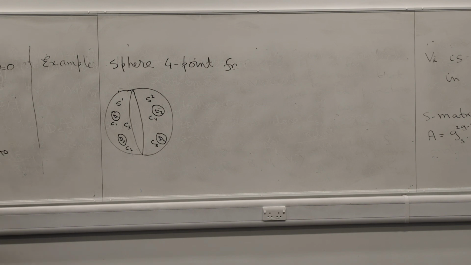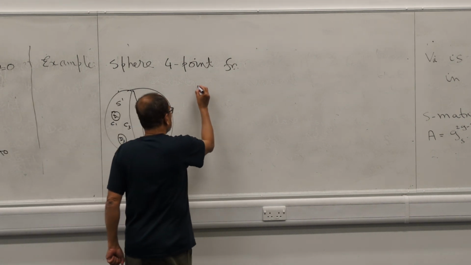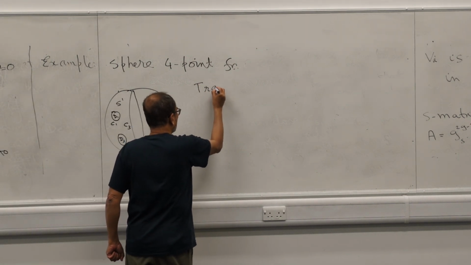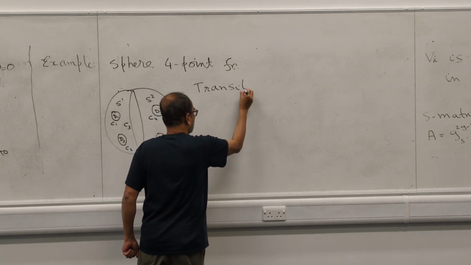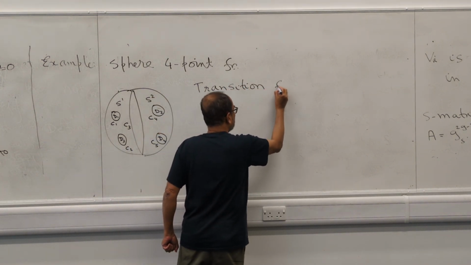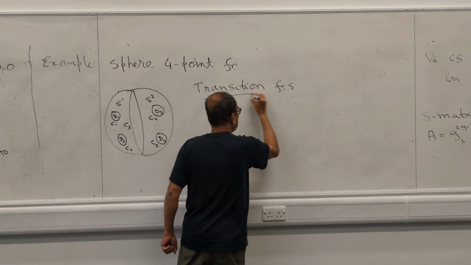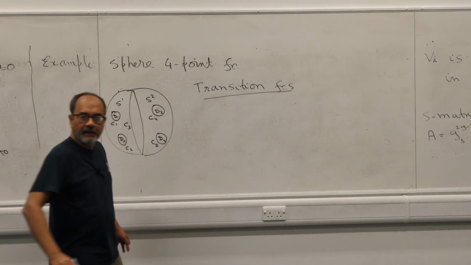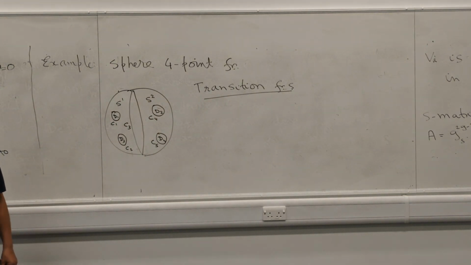So we take transition functions. You have to introduce two complex parameters. Sorry, one complex parameter. I can do it in any way I like. So I'll do it in the way that makes life simple first.